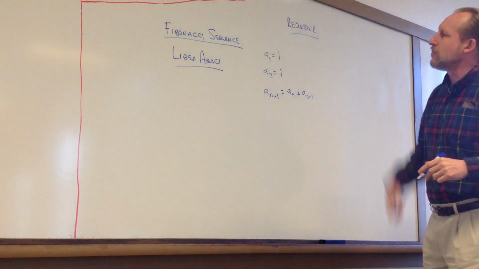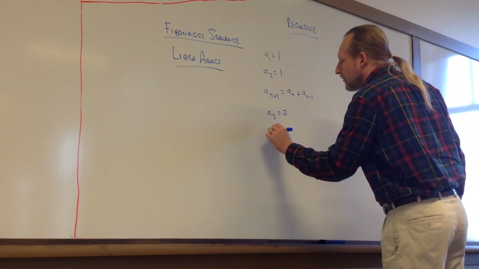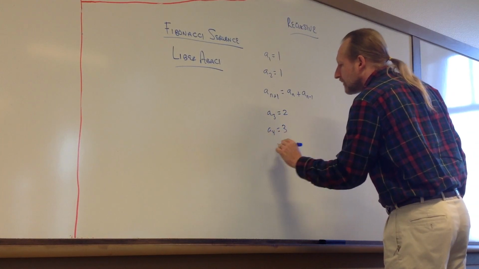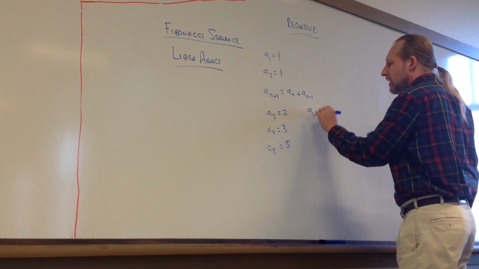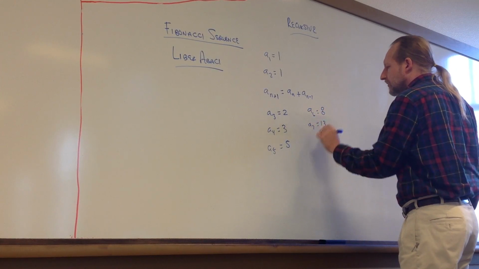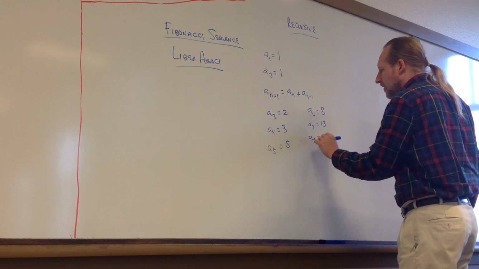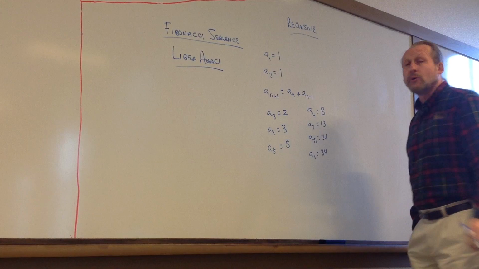So it's the sum of the two previous terms. So then A3 is 2, A4 is 3, A5 is 5, A6 is 8, A7 is 13, 21, 34, and so on.